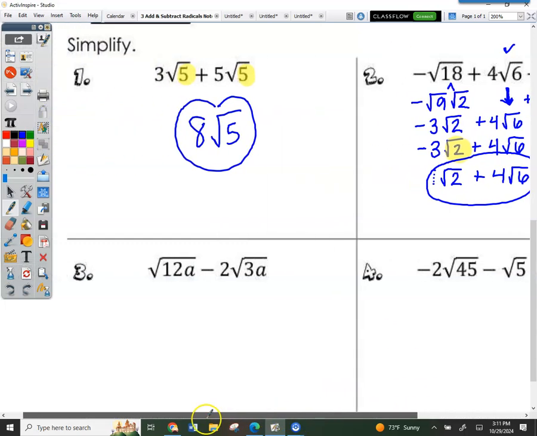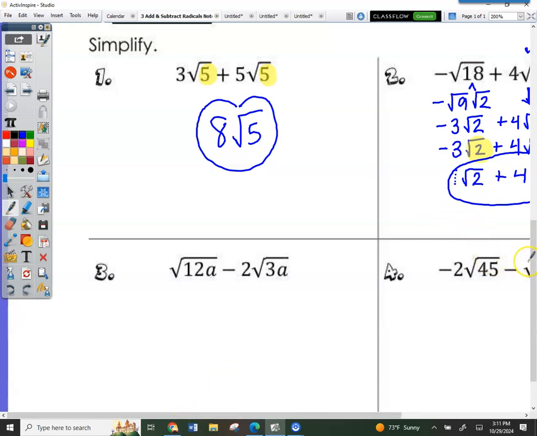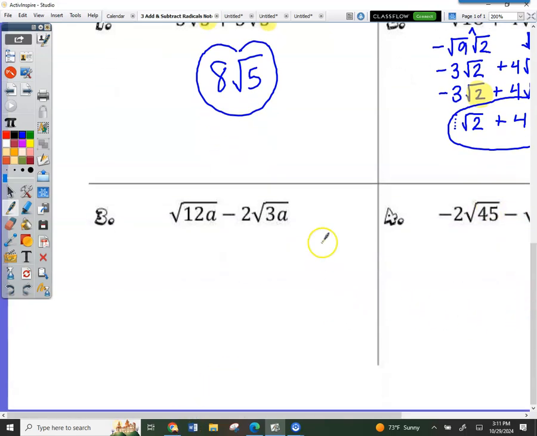So everybody's trying number 3. I would love for you to try it all the way, and then I'll put the answer and the work on the board. I need you to try it all the way though. You're not practicing the math if your paper's blank.